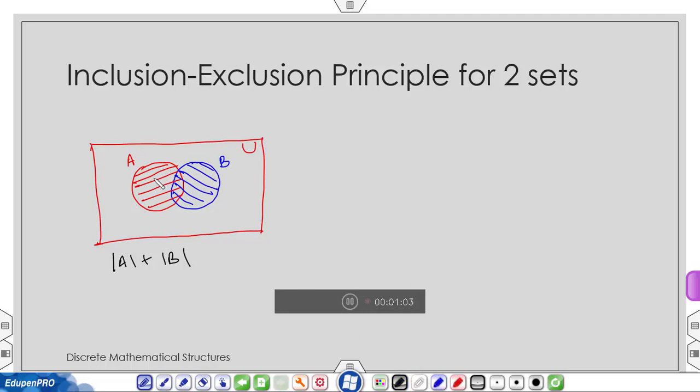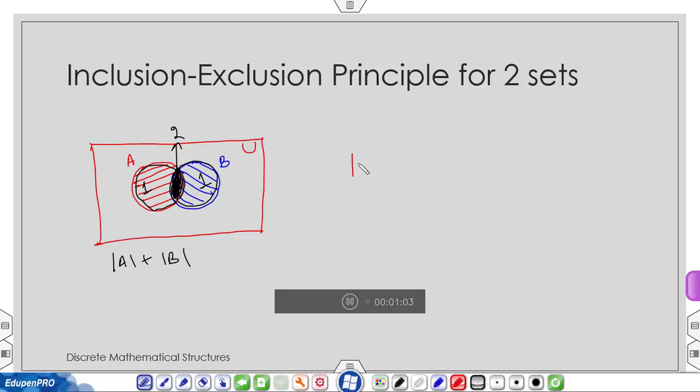Now from here you can see that this area outside the intersection is included once, then this area outside the intersection is also included once, but this intersection has been included twice, once in set A and a second time in set B. So to arrive at the correct formula, we have to subtract A intersection B from this formula.